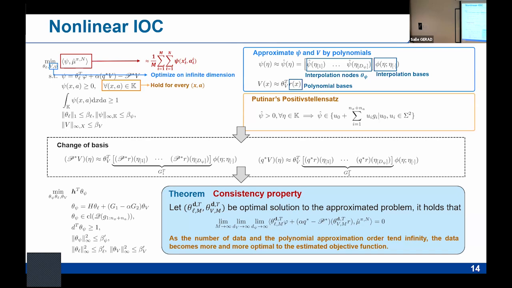But the order of the limits really matters. As we said, we want the limit of m to be the first one. Why is that? In real practice, you always collect a number of data, right? You collect the data set, and then you try to crank up the polynomial order to see if I can get a reasonable solution or not.